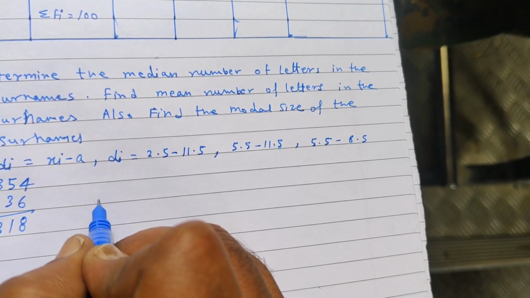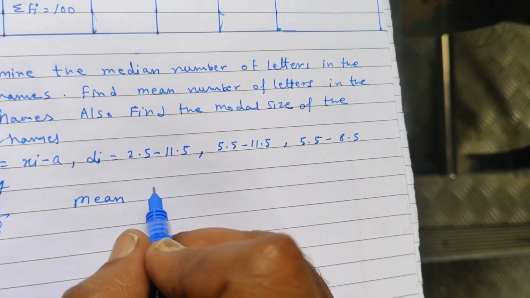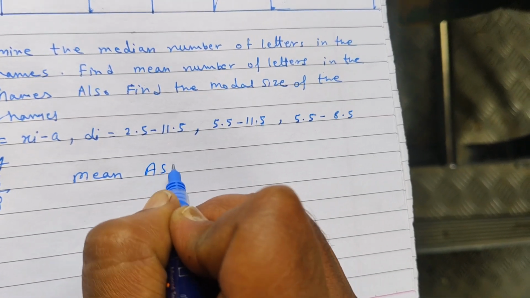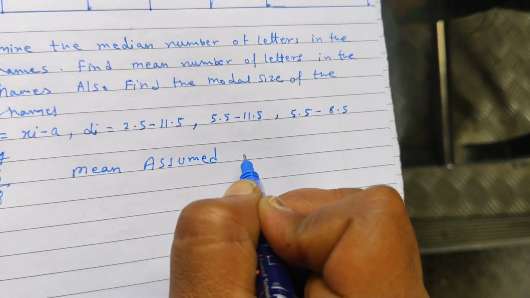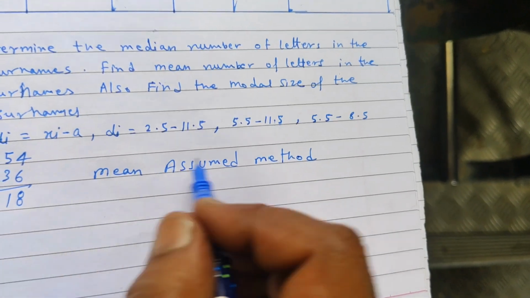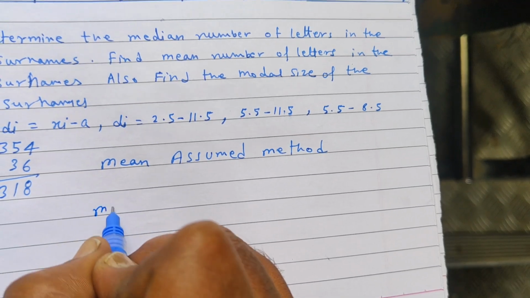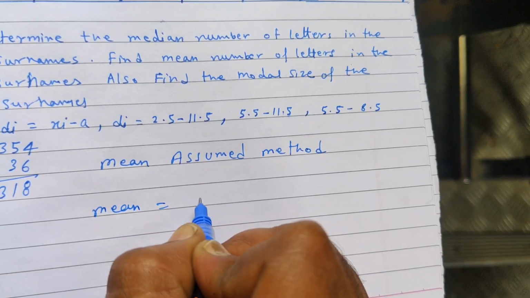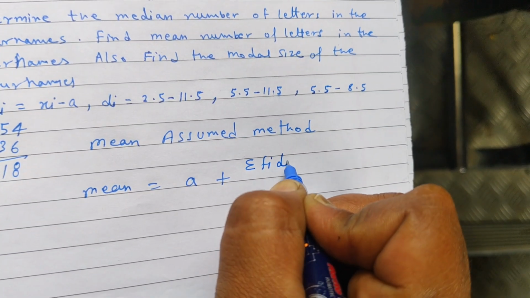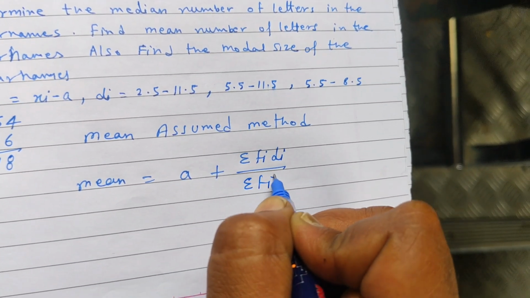So we calculate the mean by the assumed mean method. Mean is equal to A plus summation fi di divided by summation fi.